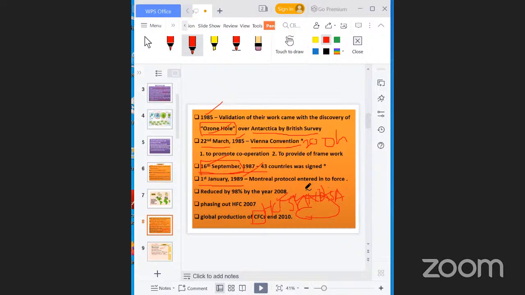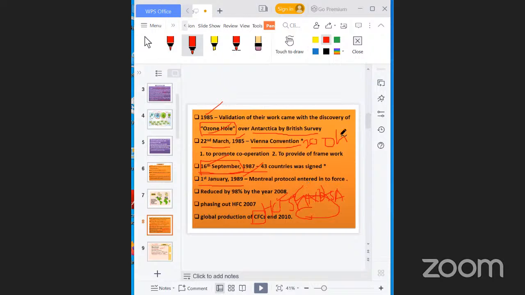Again, there was an idea to shift away from chlorofluorocarbons, and a deadline was set for developed nations and developing nations. For developed nations, it was suggested that by the year 1995 they should cut the production of ozone depleting substances, which are called ODS.